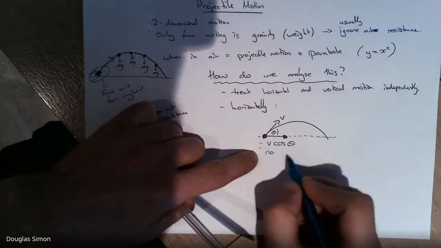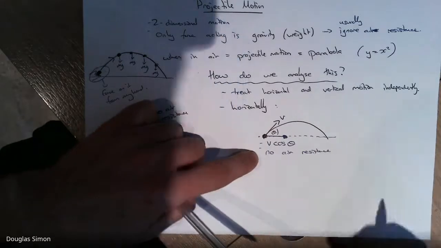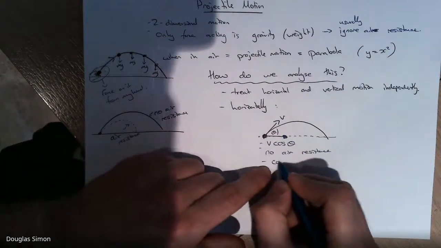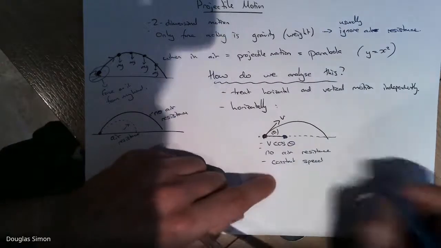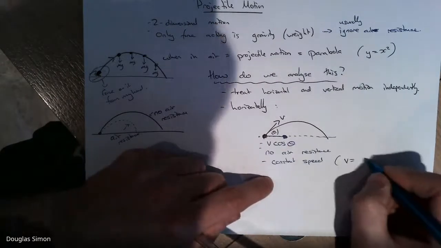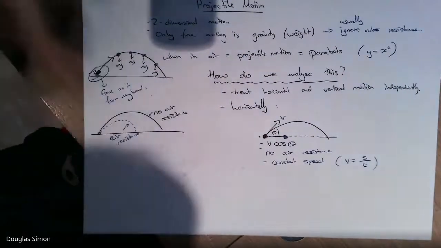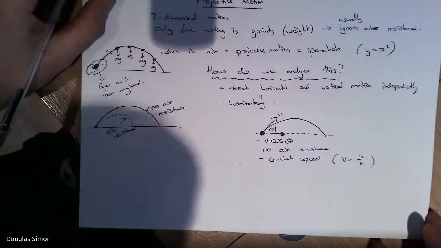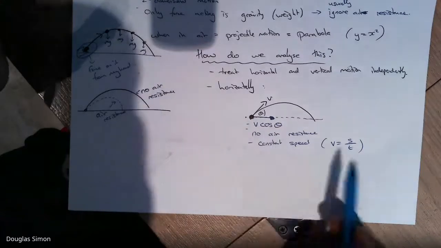There's no air resistance. So what does that mean? That means that it travels at a constant speed. So we can use velocity is displacement over time to work out how far it goes, or its time, or its speed. And that's basically all there is to it horizontally.